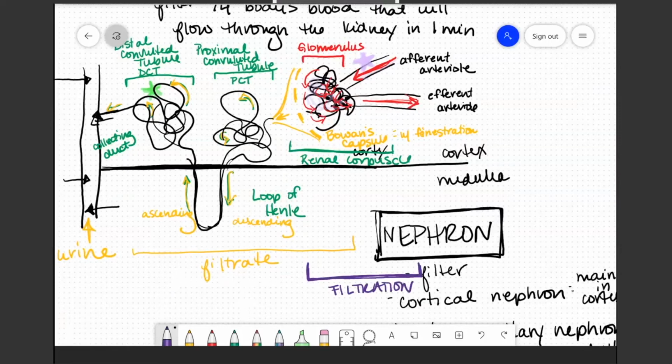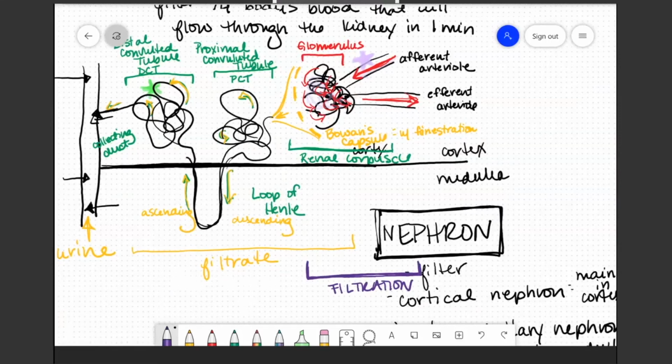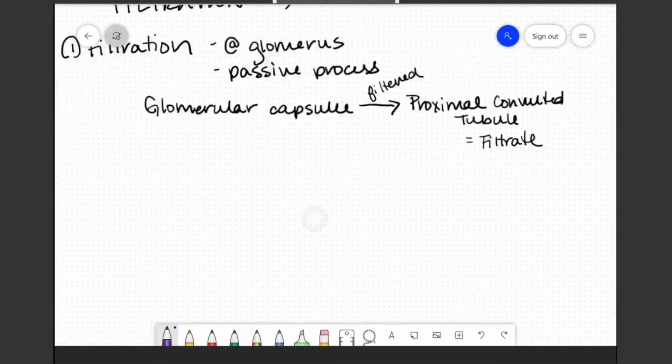We are filtering out things, filtering out the liquid from our blood through our glomerular capsule into our proximal convoluted tubule.